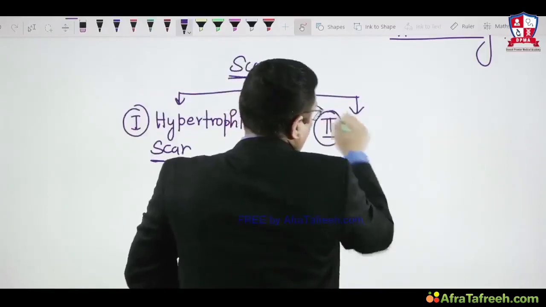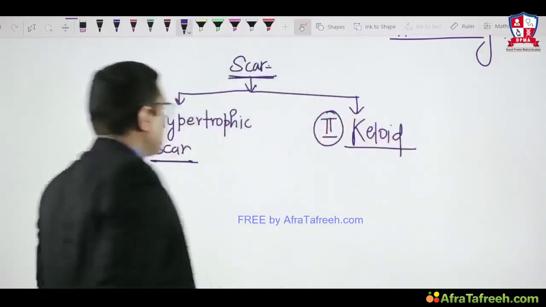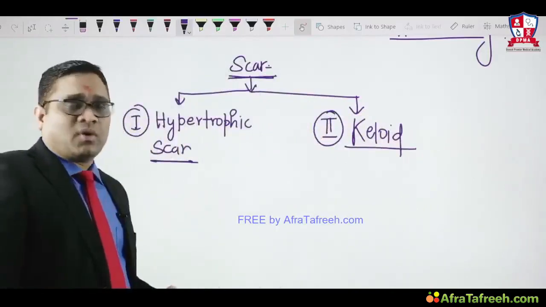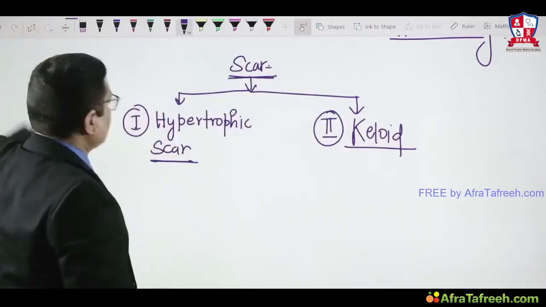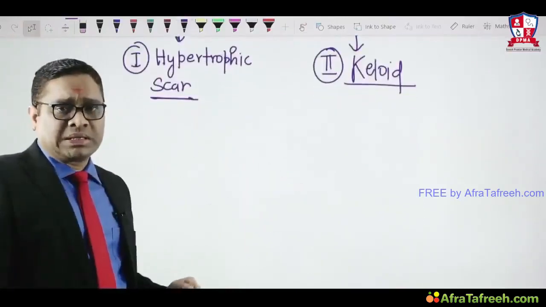These are two types of abnormal scarring, right? Keloid formation and hypertrophic formation. How we differentiate hypertrophic scar versus keloid is very important to understand, right?